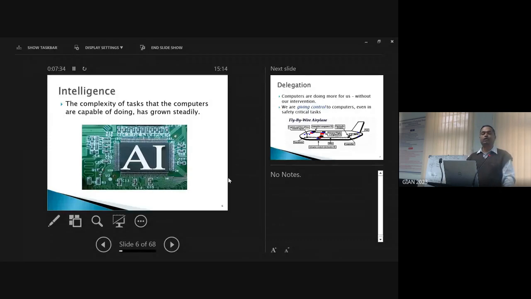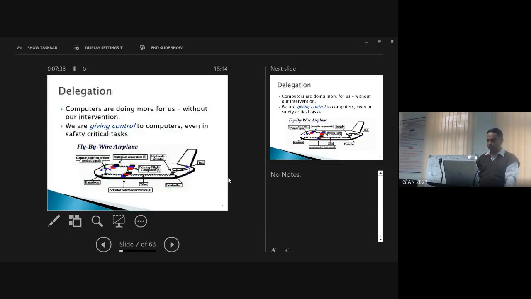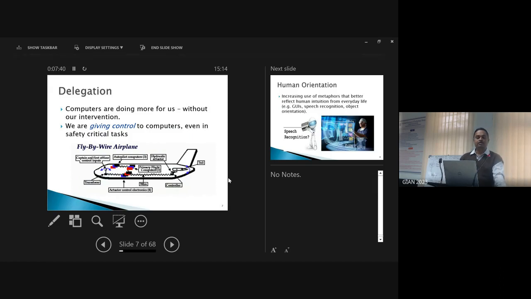That is called the capability of an intelligent system. The next is delegation. Today we expect that whatever we are doing, our computer system will do the same job for us. We are thinking of autonomous cars.